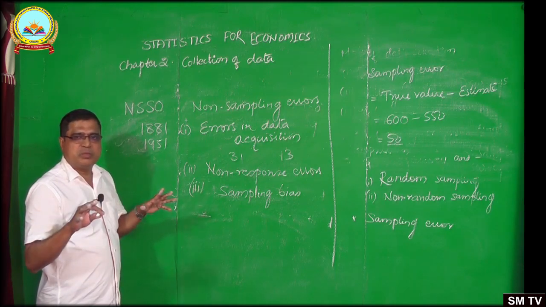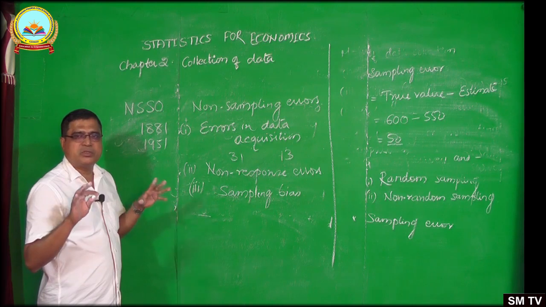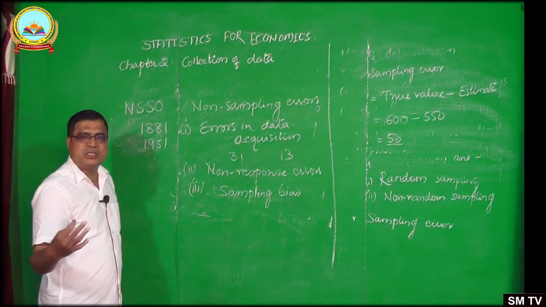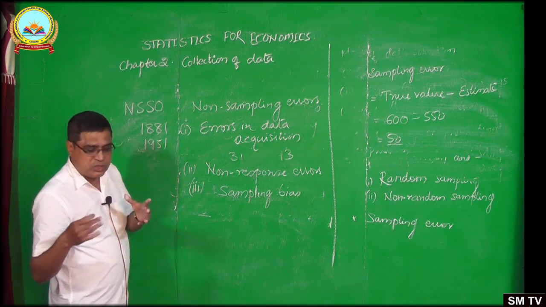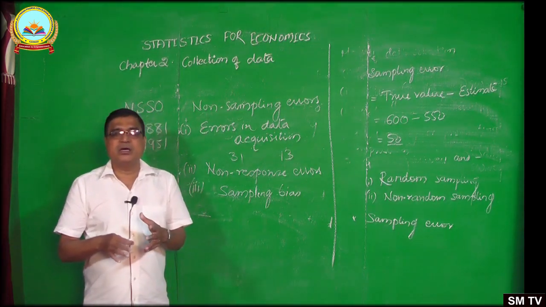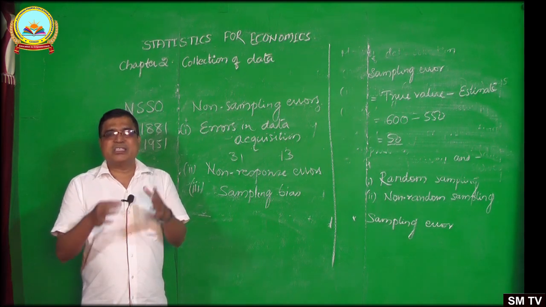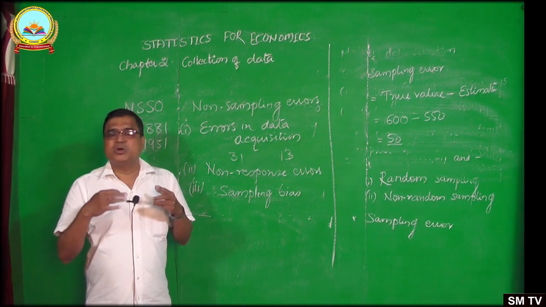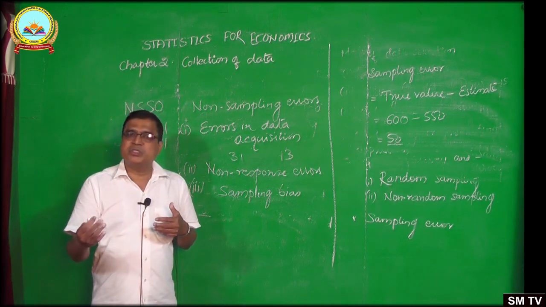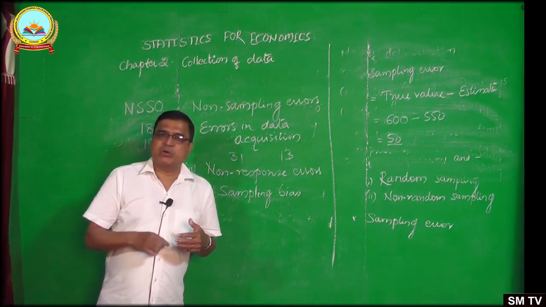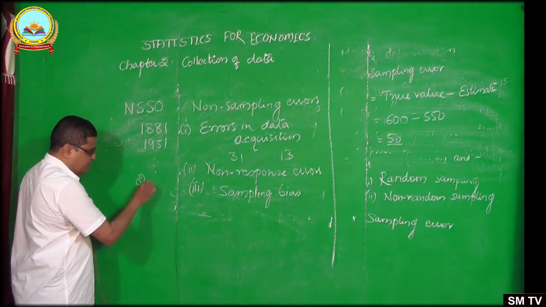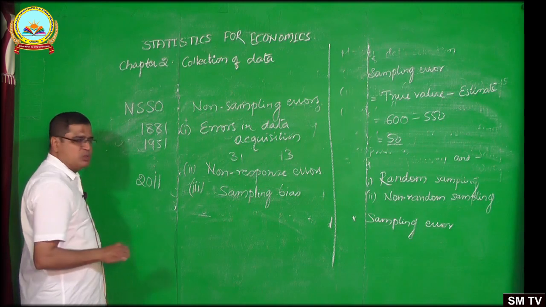The composition of the population, economic standards, social standards, everything is considered and studied, and all the informations are recorded in the Registrar General of India. So all the informations have been recorded there. And the recent survey was conducted in the year 2011.